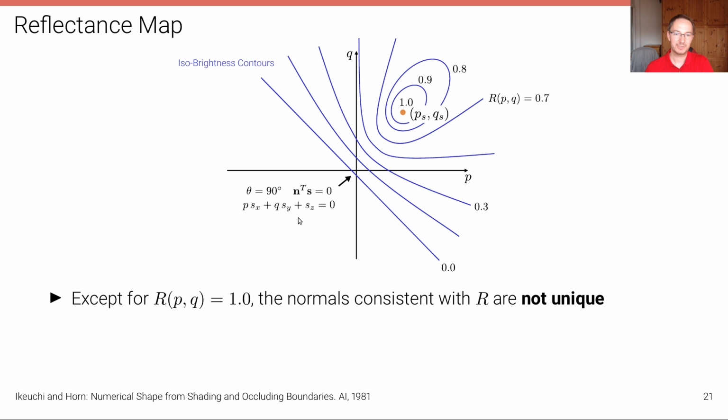There's another special case, which is the case where the normal multiplied with the vector s = 0. In this case, the conic section degenerates to a line.